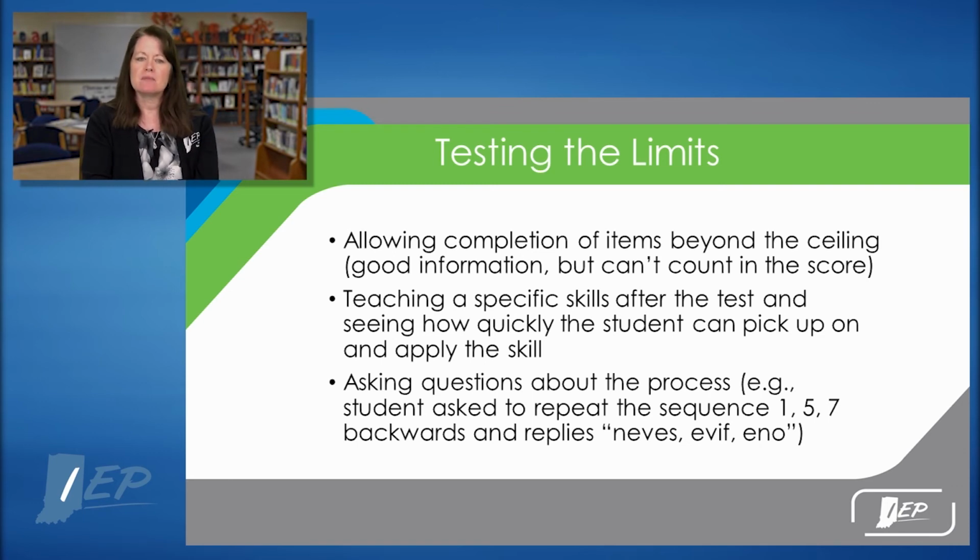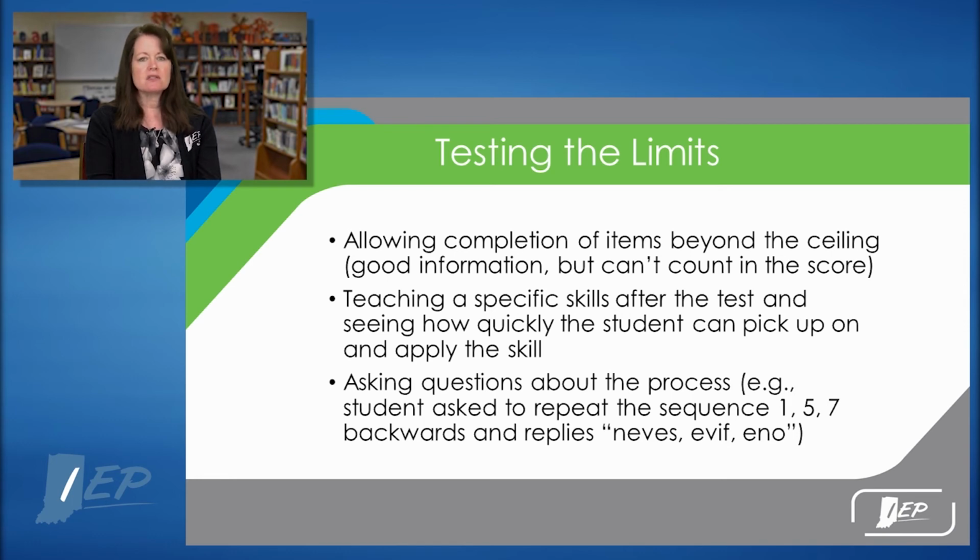We've also had some times when students, when we can look at their errors and they have stopped a subtest, but we see the same pattern of error over and over again. There are some times when I have then, after we're done, said, you know what, I want to teach you something really quick, such as long division. Show them the steps of long division, and sometimes you see that light bulb go on, and then give the kids some of those questions again and see, can they apply that skill?